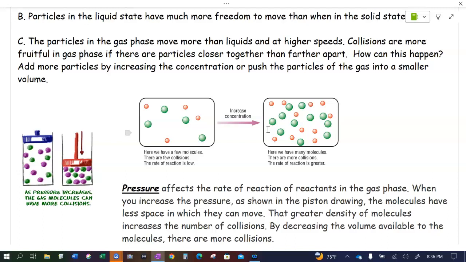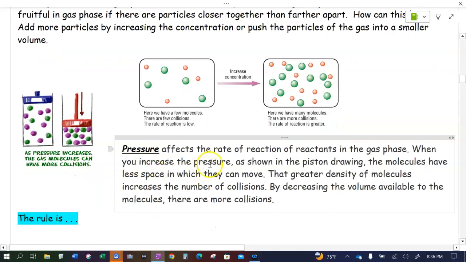That is what keeps the engine going. But in a reaction, we can do the same thing. We can add more particles, increase the concentration like we did, or we can press the ones we have, the same number of particles, closer together. So pressure affects the rate of reaction too.